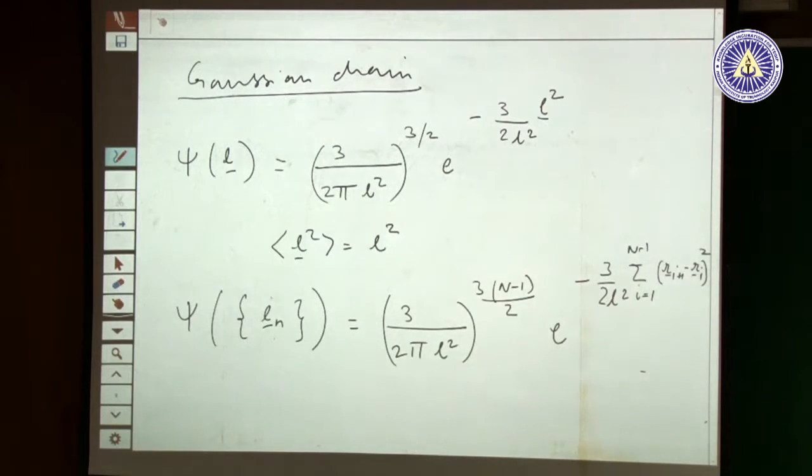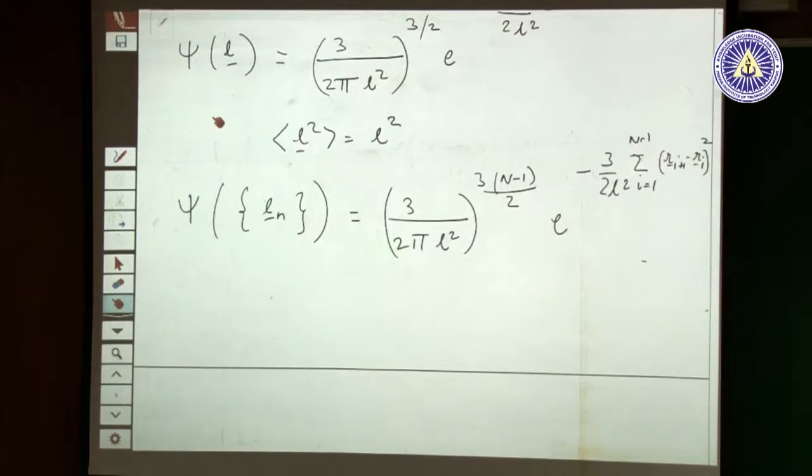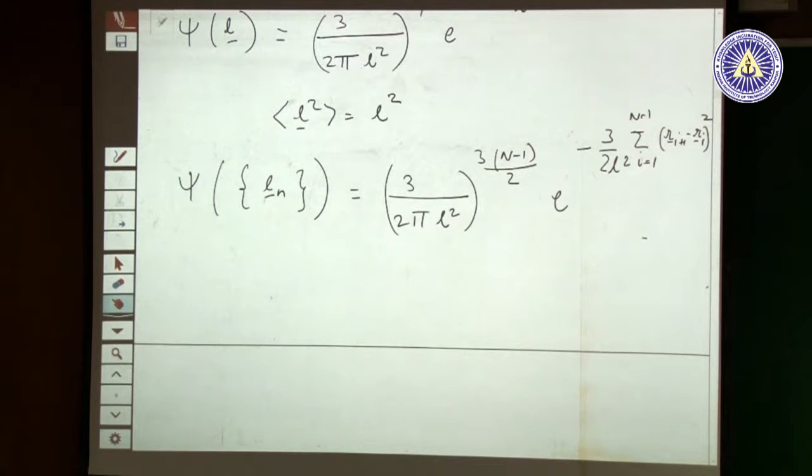Okay, because each of the L_i is r_{i+1} minus r_i, right, where r_i is the location of the monomer. So, if I am going to add up all of them, I mean if I multiply all these exponentials, I add the exponent and that is what you get. So, this is then the distribution function of the chain as a whole, where each connection between individual monomers is also Gaussian, okay, and this is called a Gaussian chain, and it is the simplest model, and it is used a lot in polymer physics to derive all the main results that we know.